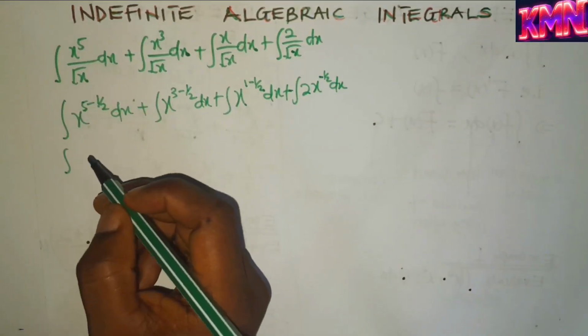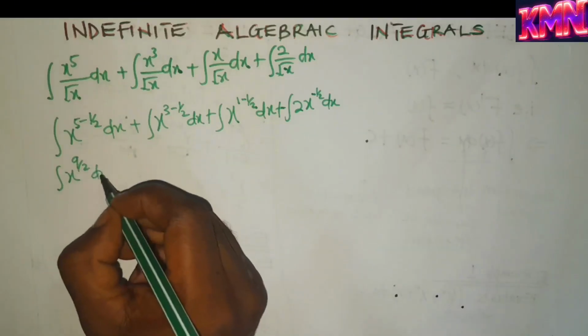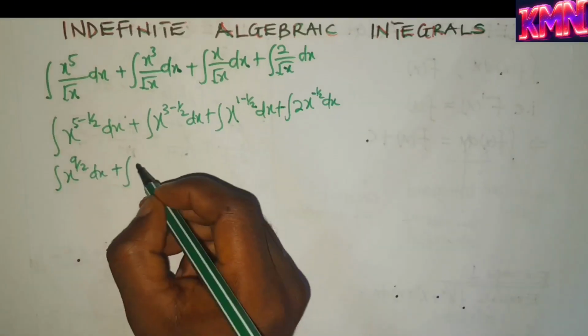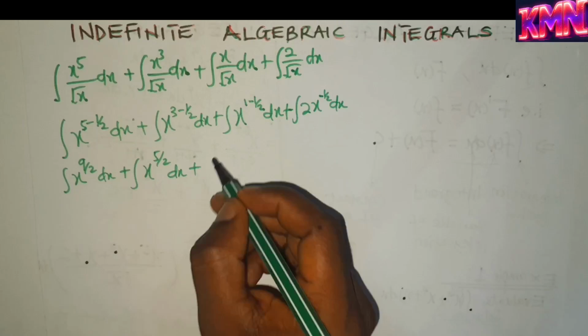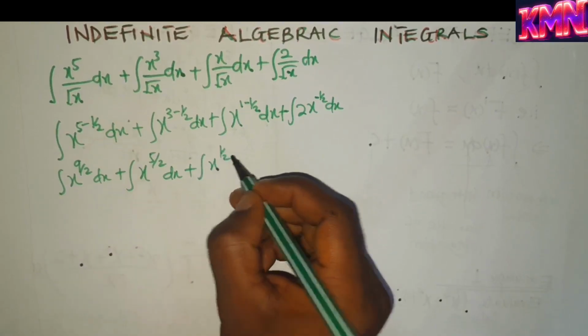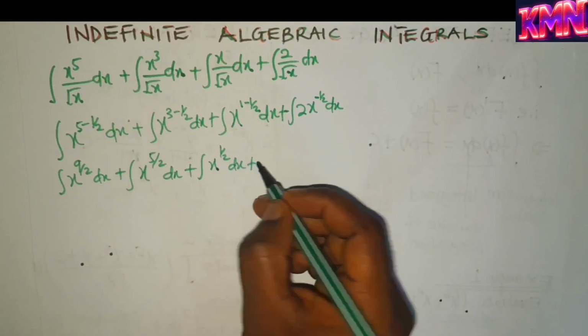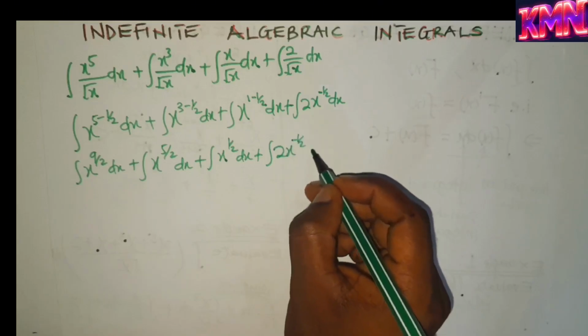Let's simplify the powers, and we're going to get integral of x power 9 on 2 dx plus integral of x power 5 on 2 dx plus integral of x power half dx plus integral of 2x power negative half dx.